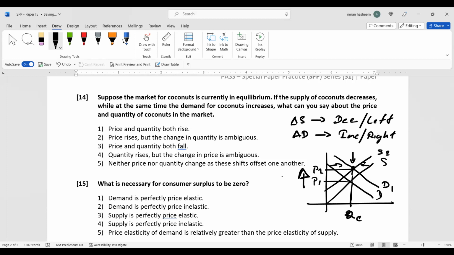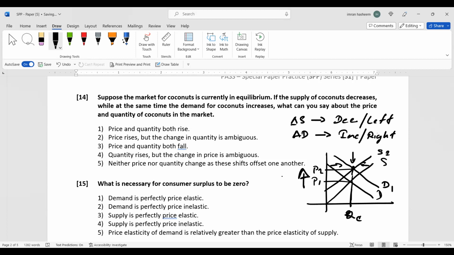But if demand or supply changes more or less than the other, then quantity might also change. That is the ambiguity, the difficulty in determining quantity. We don't know. Quantity could increase, quantity could decrease. It depends on whether the changes are in equal proportion or not.